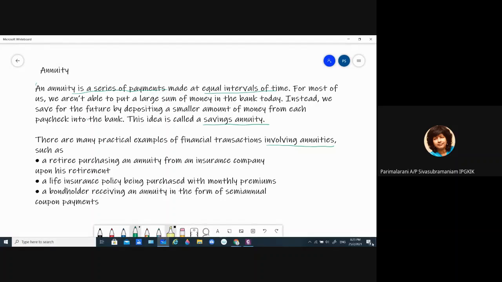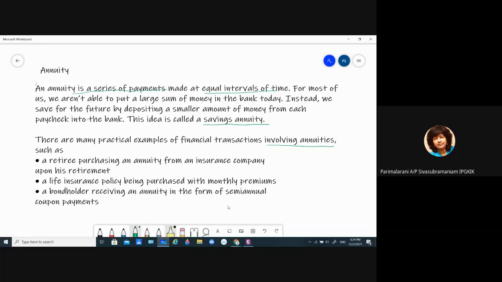Okay, that is one example of an annuity. A life insurance policy being purchased with monthly premiums. This is also an example of annuity. Okay, and the last one is a bond holder, somebody who has a bond, receiving an annuity in the form of semi-annual coupon payments. Okay, so these are all examples of annuity.